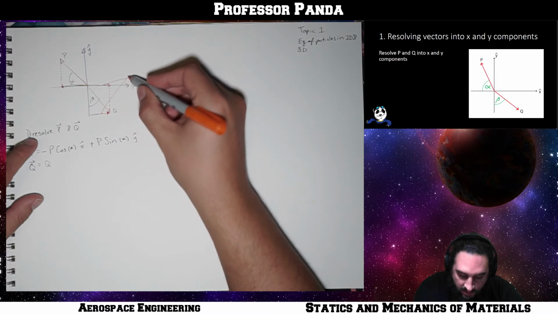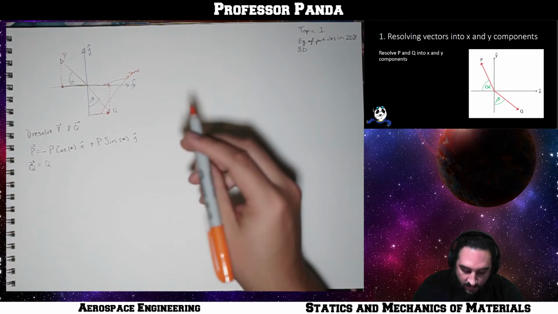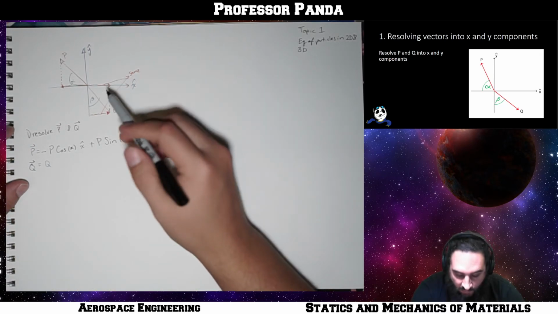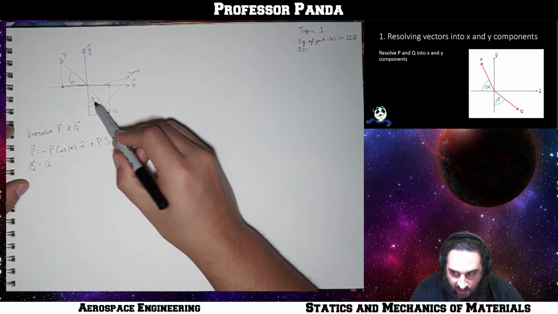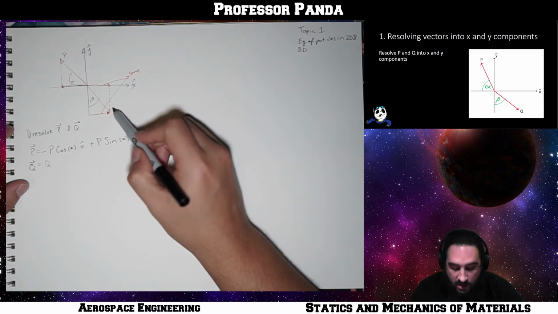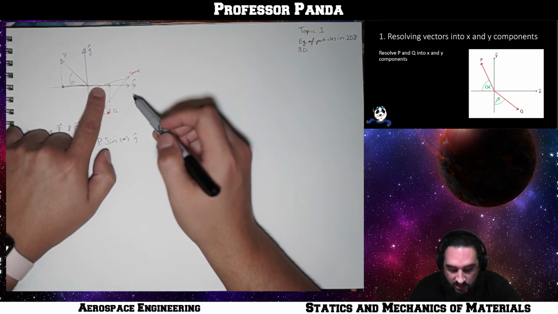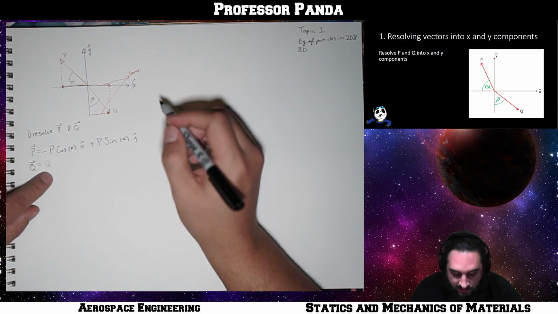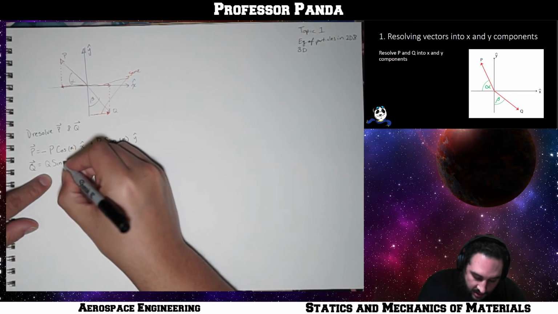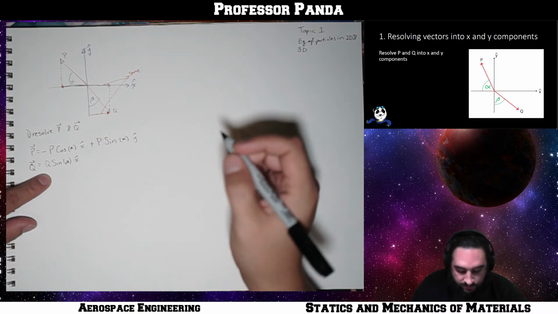This vector and this vector, same. Okay, so going back to trig, if we want to use beta, we're going to say the magnitude of Q multiplied by the sine of beta is going to equal this amount of projection on the x-axis. So we're going to do Q sine beta in the x hat direction.